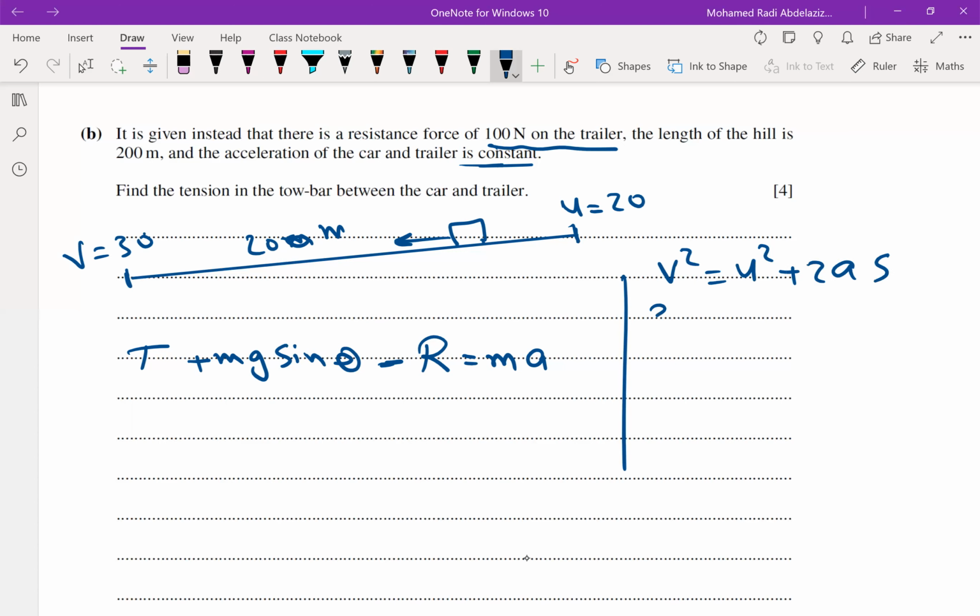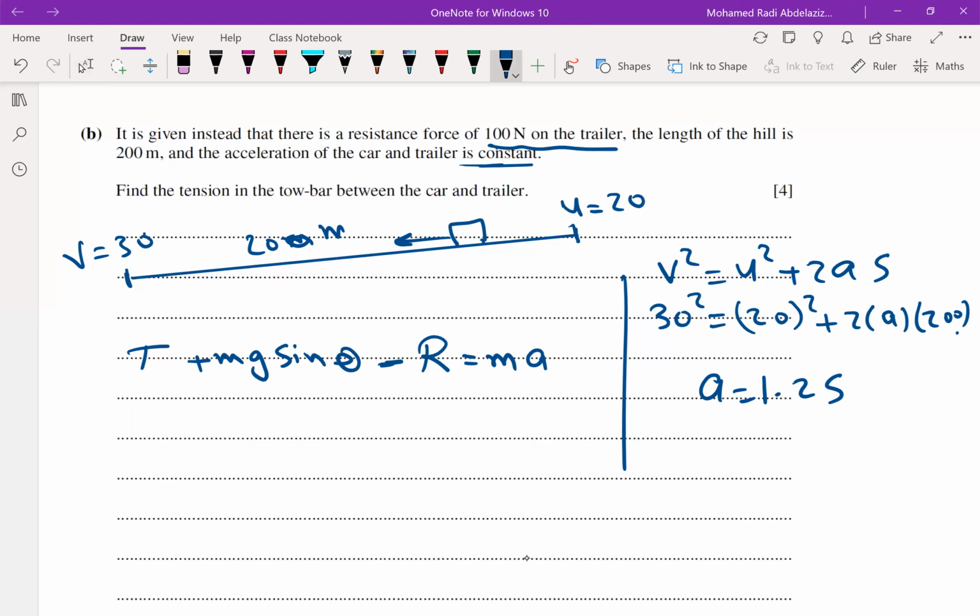The final velocity is 30 squared, initial velocity is 20 squared, plus 2 times A times S, which is 200. From this equation, you can find the acceleration. 30 squared minus 20 squared, then divide your answer by 400. So the acceleration is 1.25.